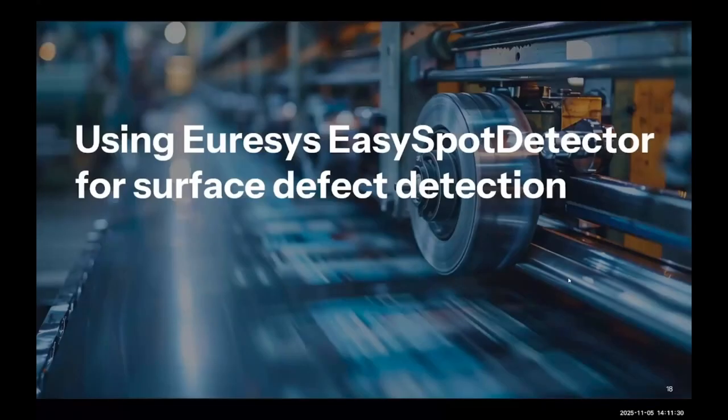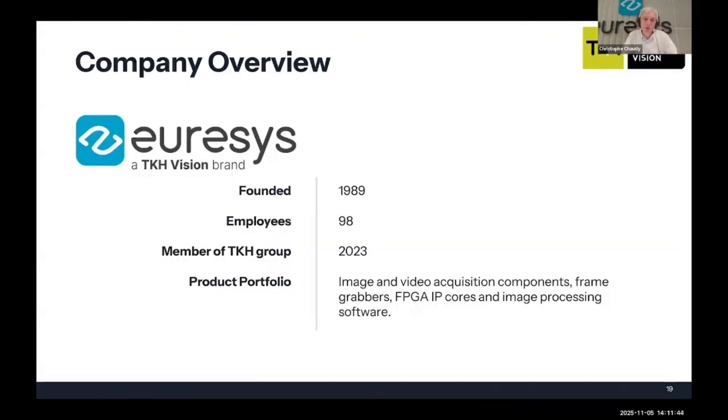It's perfect. Okay, so I will talk about the software part of the surface inspection, and specifically about the EasySpotDetector library from Euresys. A brief introduction about Euresys. It was founded more than 30 years ago, with approximately 98 employees around the world.